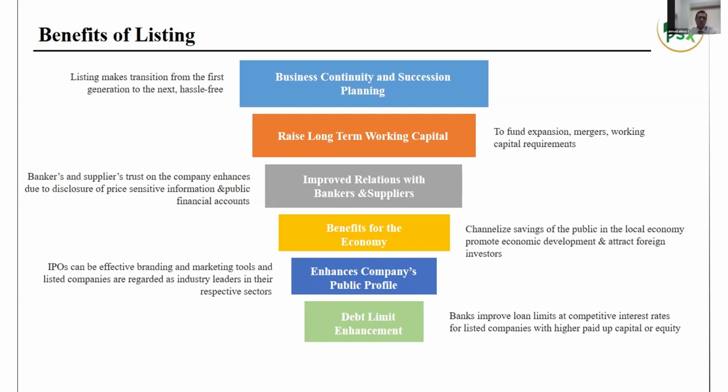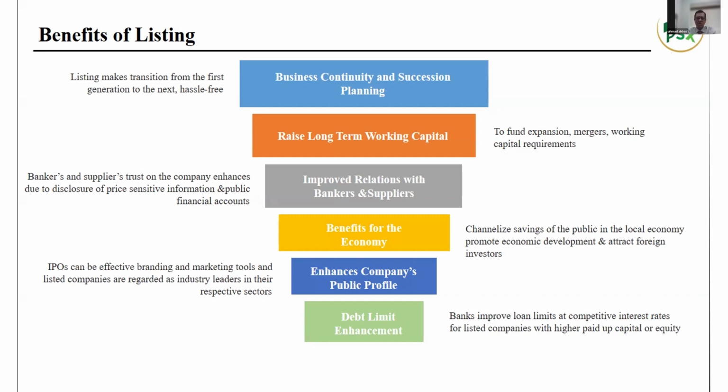Number one is business continuity and succession planning. Perpetuity will be ensured once you get listed, because some businesses are generational. The first generation is there, the second generation is there, the third generation may not want to continue with the same business. But with listing, you will have a proper management and a proper board which can ensure continuity and perpetuity of the business.